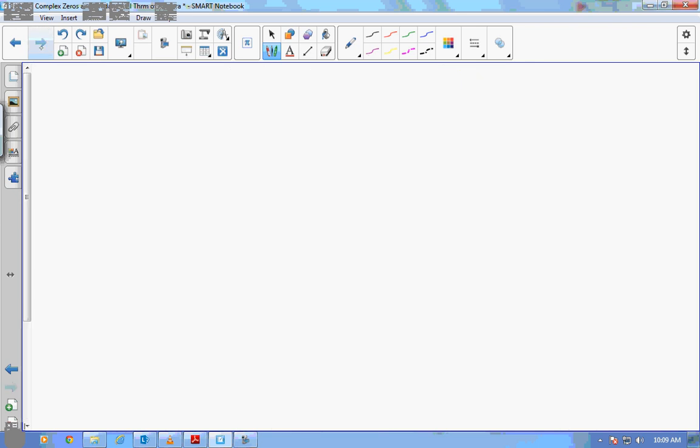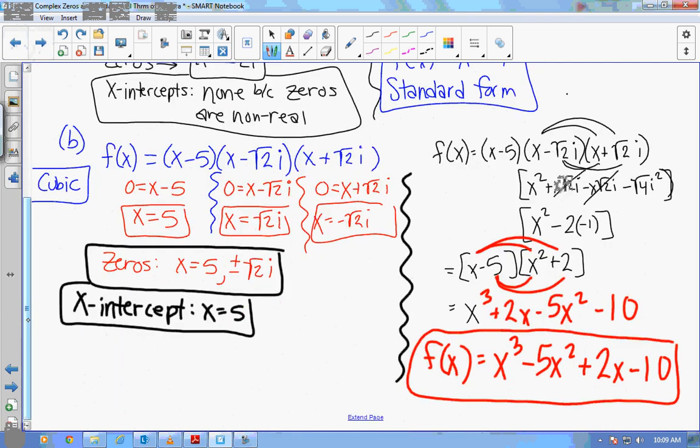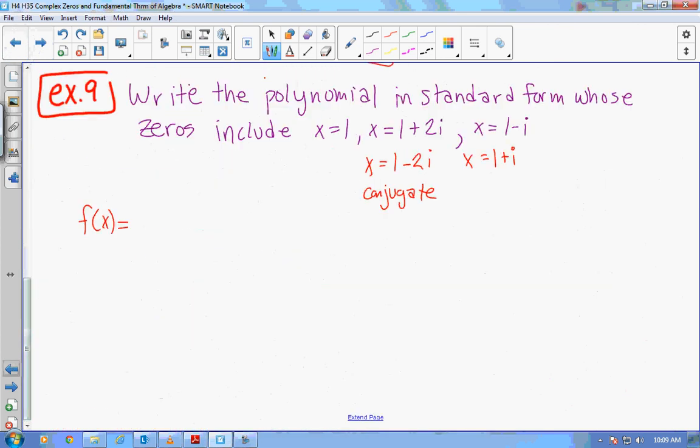If my zero is x equals 1, what's the factor? X minus 1. Okay, now these ones get tricky. This one is a positive 1 plus 2i.